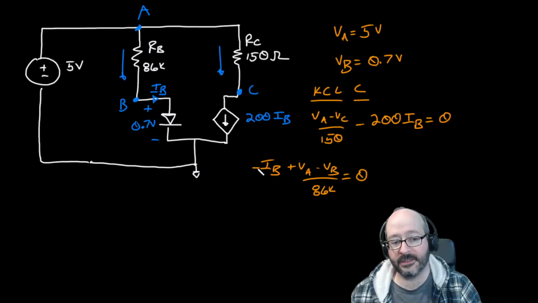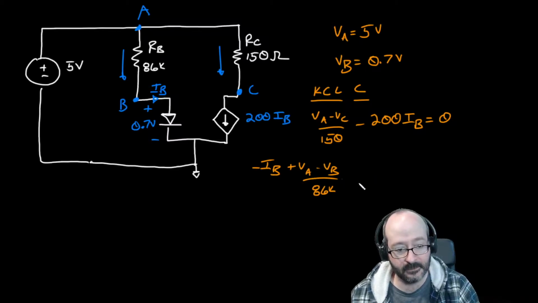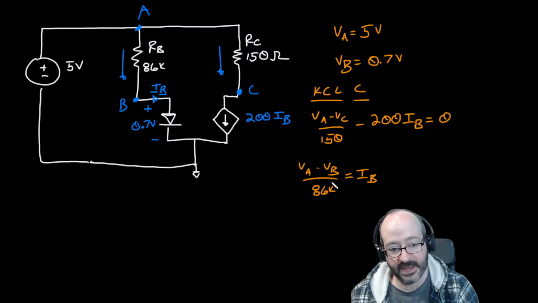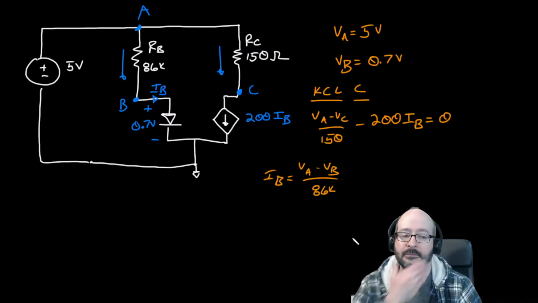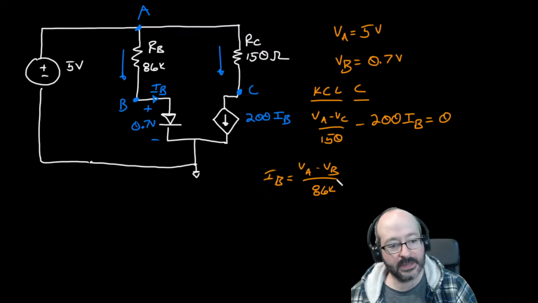But we really want to solve for IB, so if we bring IB over to the other side, it becomes positive. Say IB is equal to that expression.